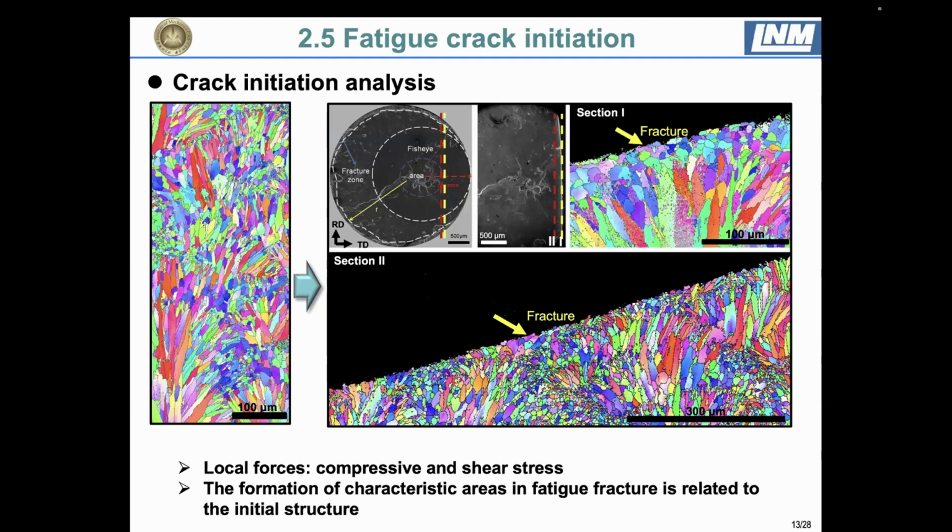Some parts are nanograin, some parts are not, and the microstructure along the crack length is also quite non-uniform. The formation of the nanograin is because of pressing stress, which is due to shear stress at the local location of the crack surface.